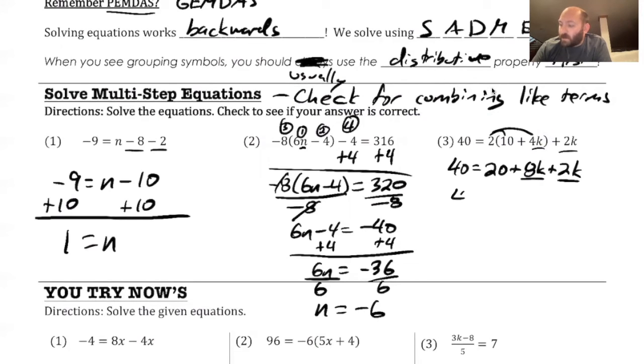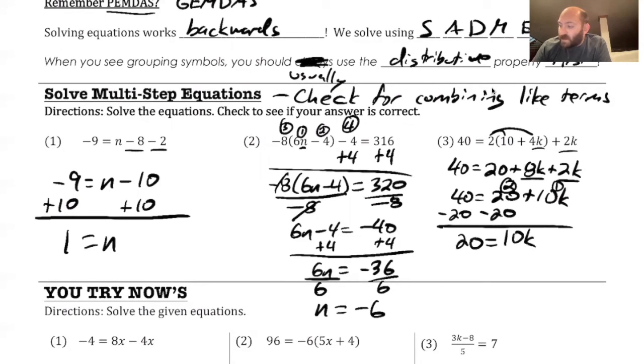Now I can put these together. That's going to give me 10k. And we're down to a 2-step equation. We've got multiplication followed by addition. So my reverse order will be subtraction. I got 40 minus 20 is 20. And I get to 10k, and then I'm going to do division to undo that. So I end up getting 2 for k.